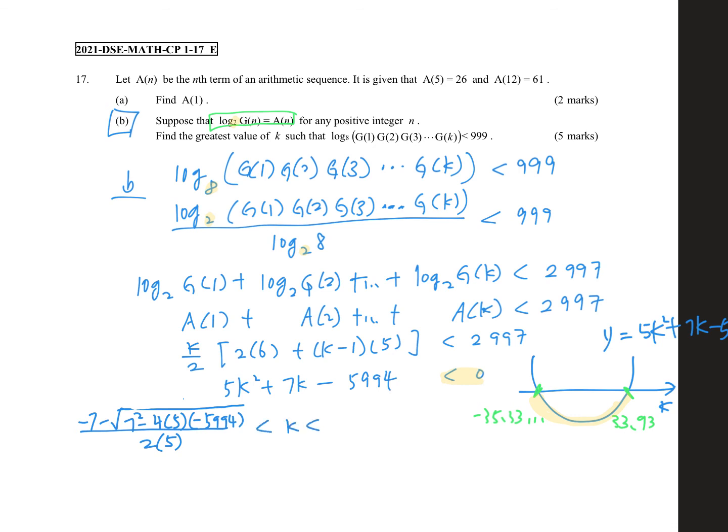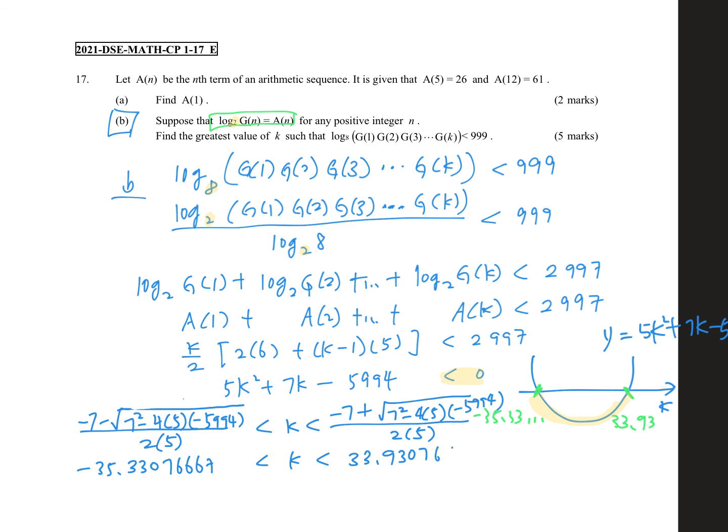So less than k, less than negative b plus the square root of 7 squared minus 4 times 5 times negative 5,994, over 2 times 5. And then finally we can write down the range in decimal form: negative 35.3307667 less than k less than 33.93076667.